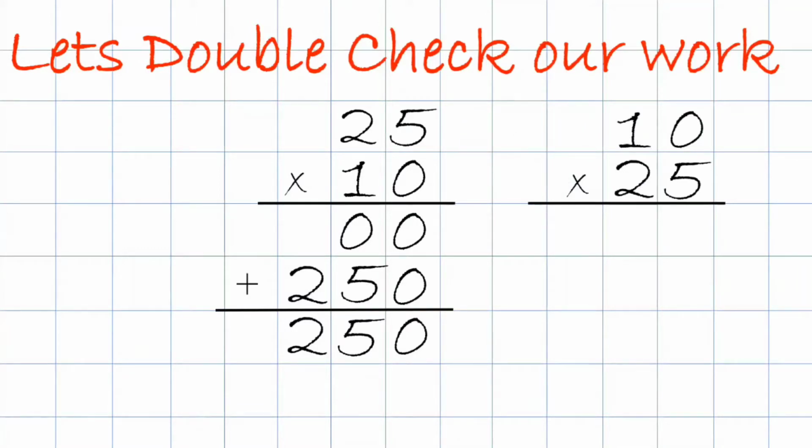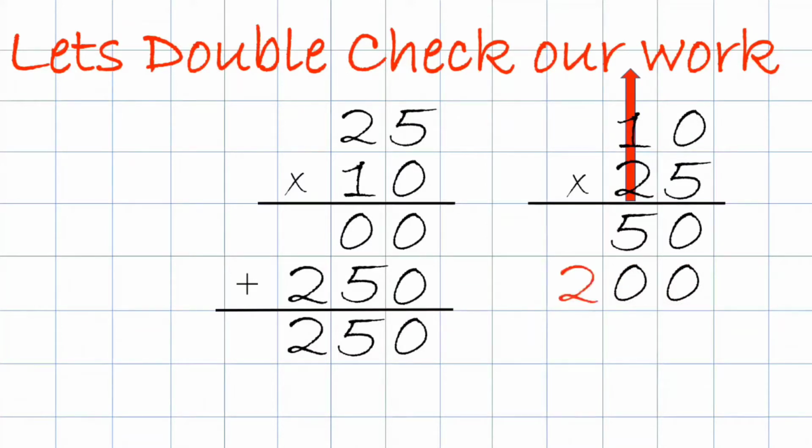And the same thing, we take 0 times 5, which will be 0. Then we take 5 times 1, which will be 5. We then put the 0 right up here. And then we go 2 times 0, which will be 0. 2 times 1 will be 2.